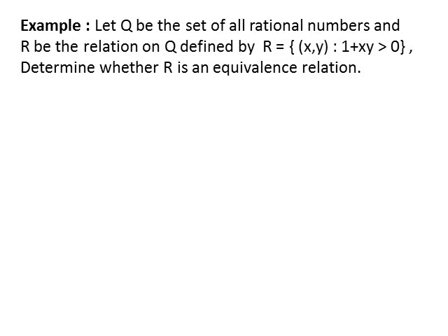Take one more example. Let Q be the set of all rational numbers and R be the relation on Q, defined by R containing the ordered pair (x, y) in which 1 plus x times y is greater than 0. Determine whether R is an equivalence relation.